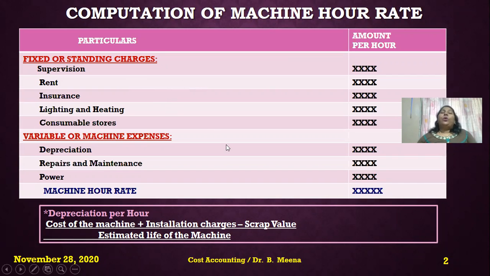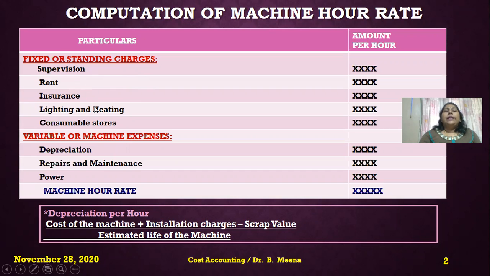First of all, you need to divide the expenses into two. One is machine expenses, another one is standing charges. Under machine expenses, only depreciation, repairs and maintenance, and power alone will come. Apart from these expenses, any other expenses will be posted under what charges? Standing charges. So these are all the examples of standing charges or fixed charges.